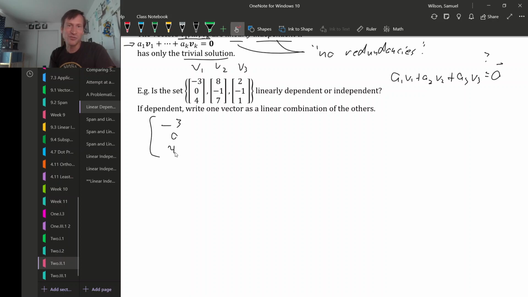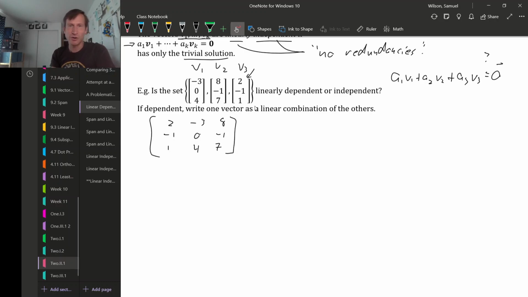Minus 3, 0, 4, 8, minus 1, 7, 2, minus 1, 1. Actually, the order of the vectors is arbitrary, so just to make the row reduction a little easier, I'm going to put this vector first: 2, minus 1, 1, and then this one, and then 8, minus 1, 7.